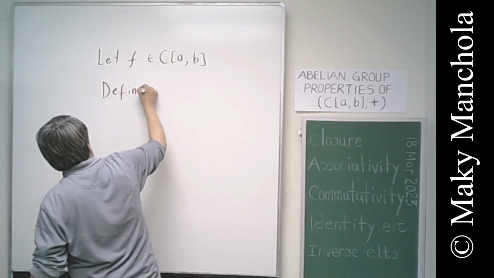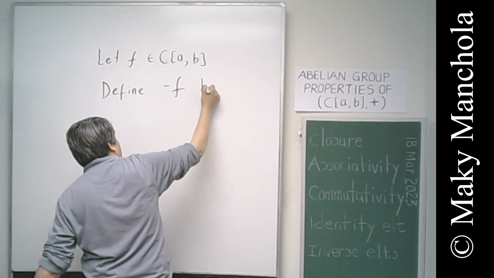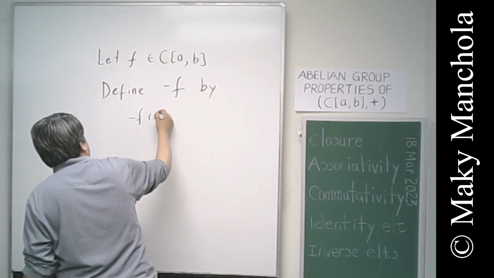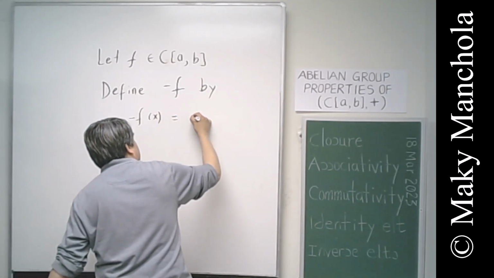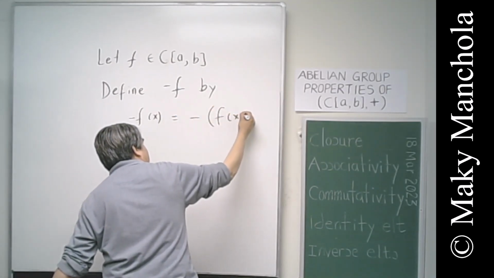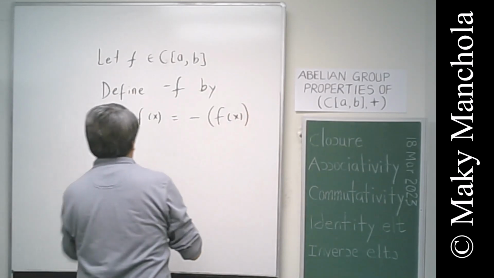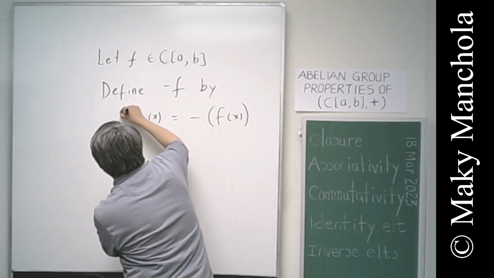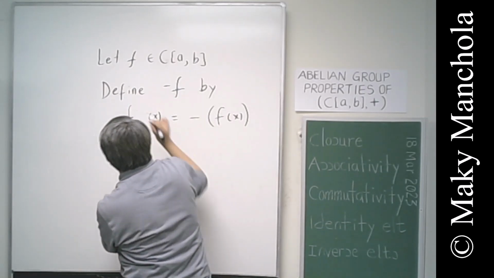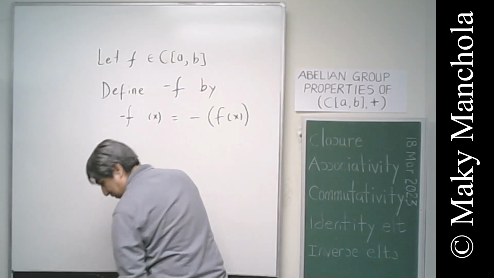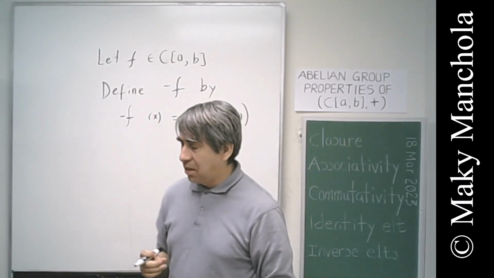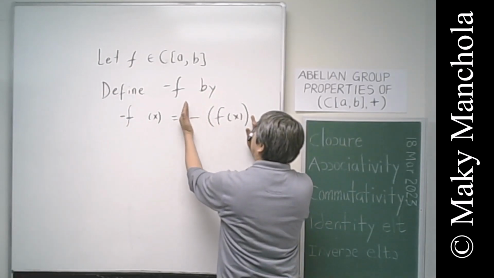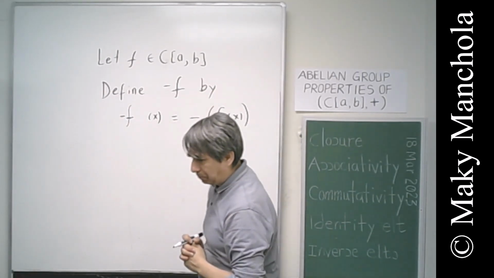Define negative f by negative f of x equals the negative of the real number f of x. I have to emphasize something here. I'm thinking of this as a single entity. This negative f is some function like h. What I'm defining is that this function evaluated at x is simply the negative real number f of x.